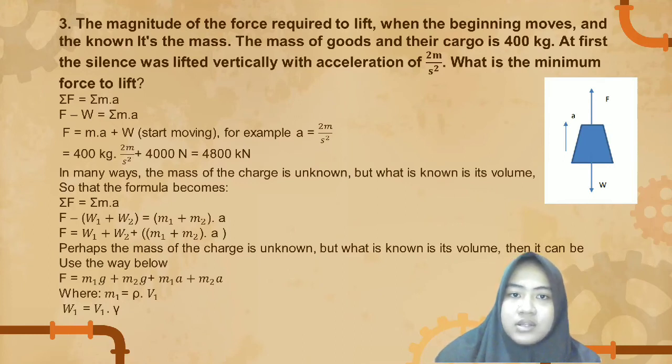F equals M1 times G plus M2 times G plus M1 times A plus M2 times A, where M1 equals rho times V1, W1 equals V1 times gamma.